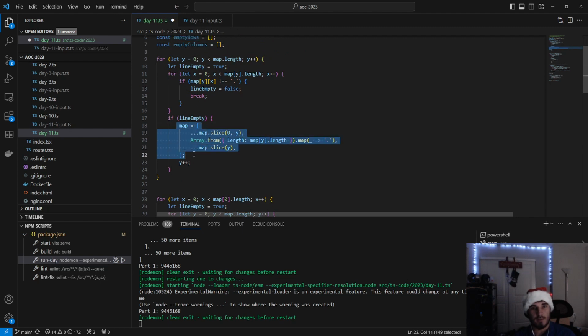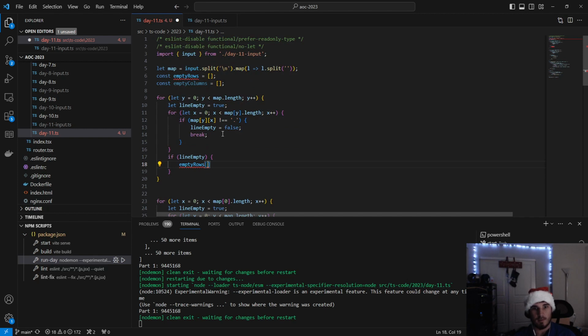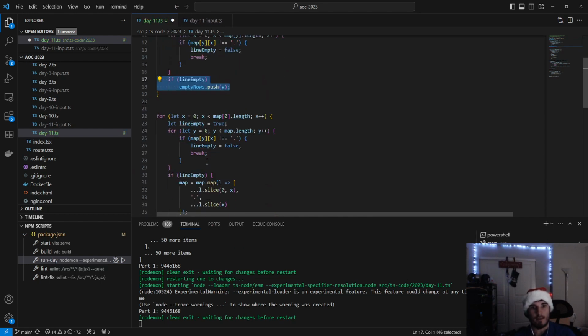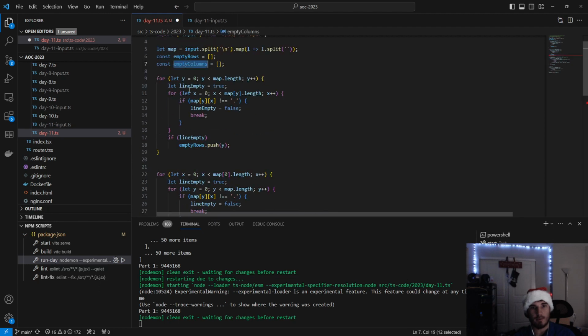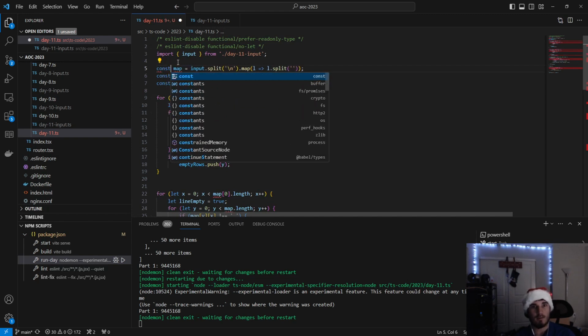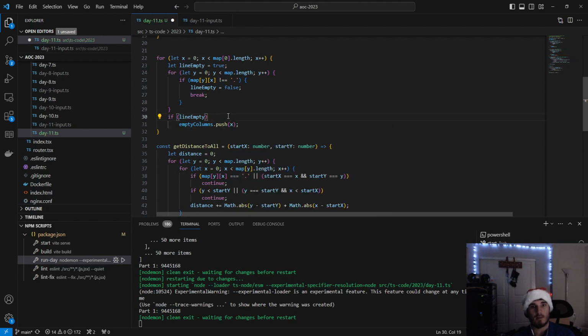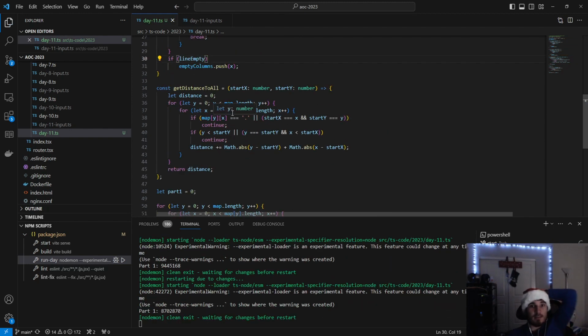So actually what we're doing here is empty rows push y, and then likewise here empty columns. I can put this back to const. Push x. So now what's going to happen is when we do this, we also need to take into account how many rows and columns we are going through.